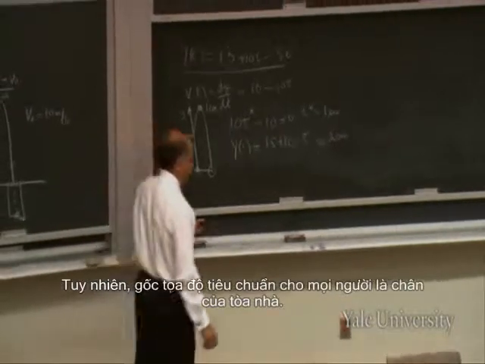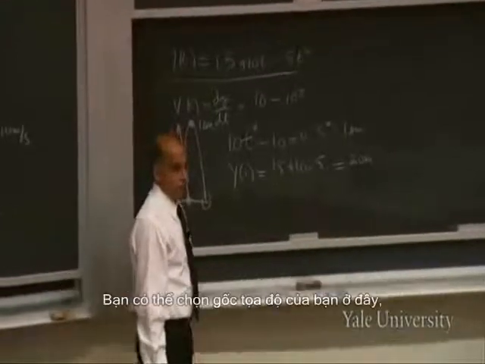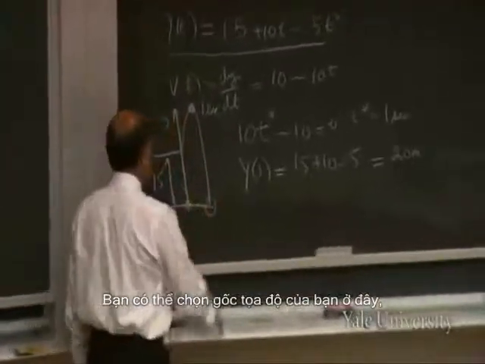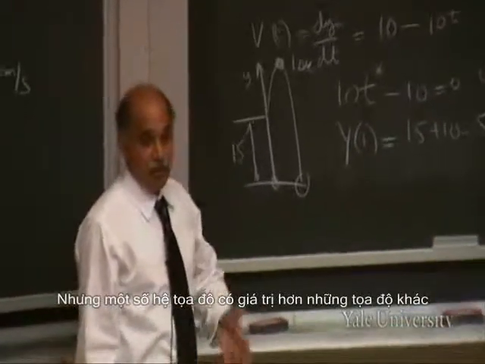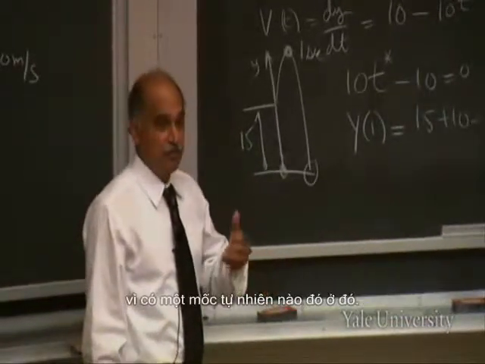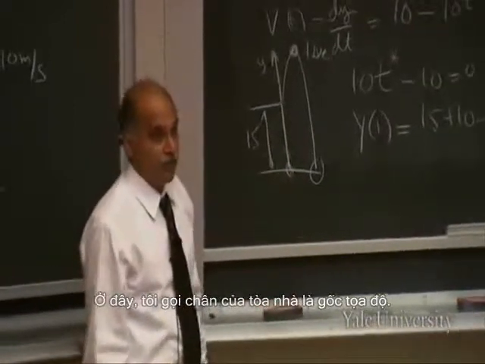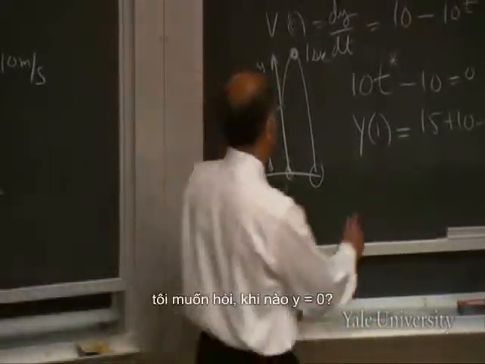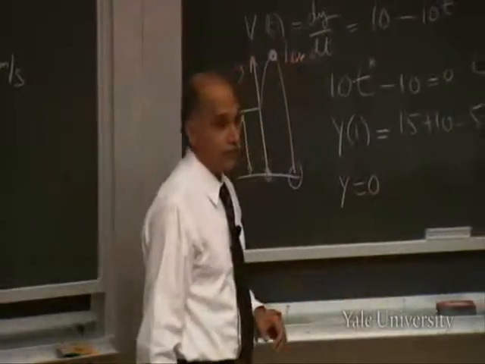But the standard origin for everybody is the foot of the building. You can pick your origin here, some crazy spot. It doesn't matter. But some origins are more equal than others because there is some natural landmark there. Here, the foot of the building is what I call the origin. So in that notation, I want to ask, when is y equal to 0?